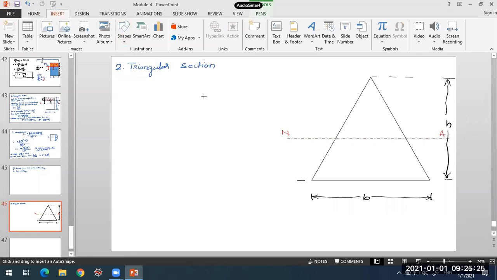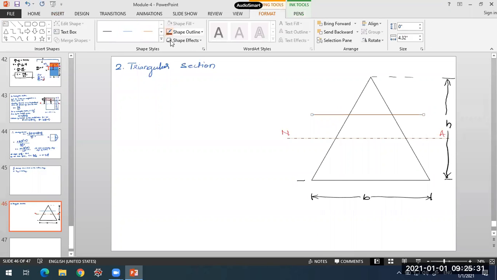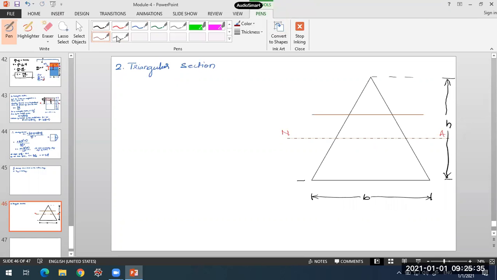So for finding the shearing stress, one thing what you have to do is you should be knowing the point at which you need to find the shearing stress. Okay, so this is my section XX. This is where I want to know the shearing stress, and let me take this distance as y, measured from the apex of the triangle.